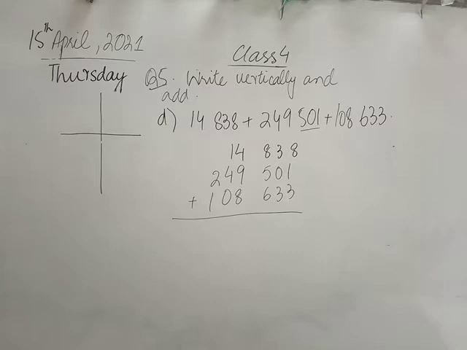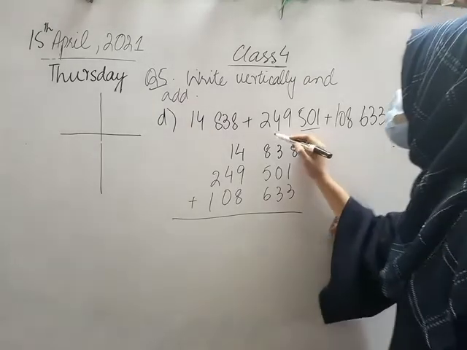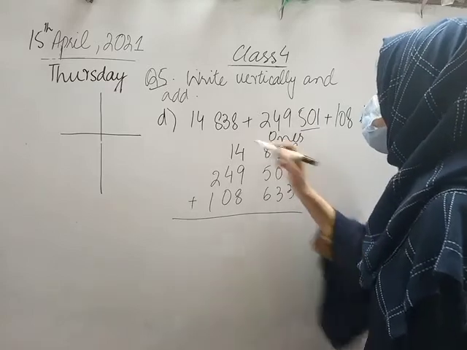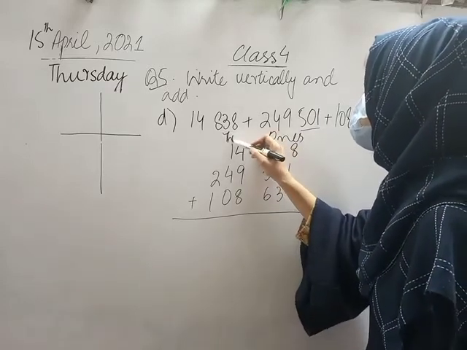I am going to give names according to place value. From this side, this first value belongs to ones and this column belongs to thousand.